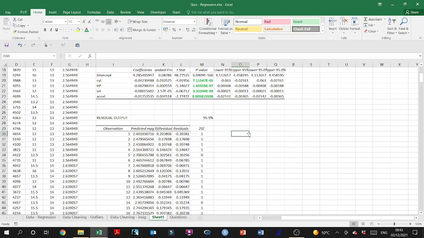So now the first is the normality assumption of the error term. For this we're going to use the skewness and the kurtosis. So let's start with skew.